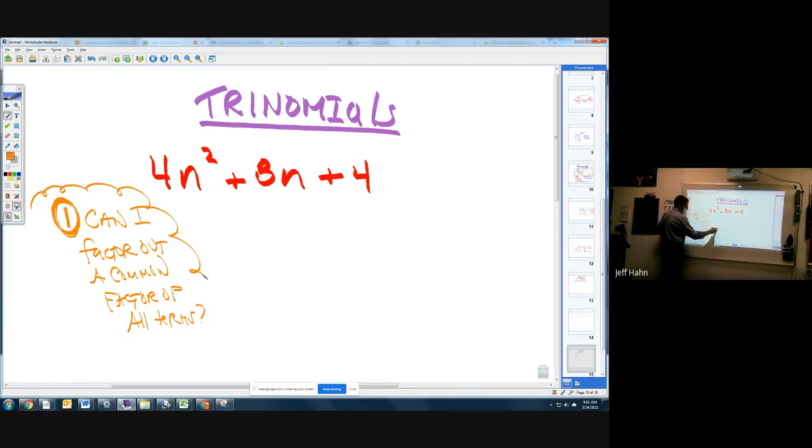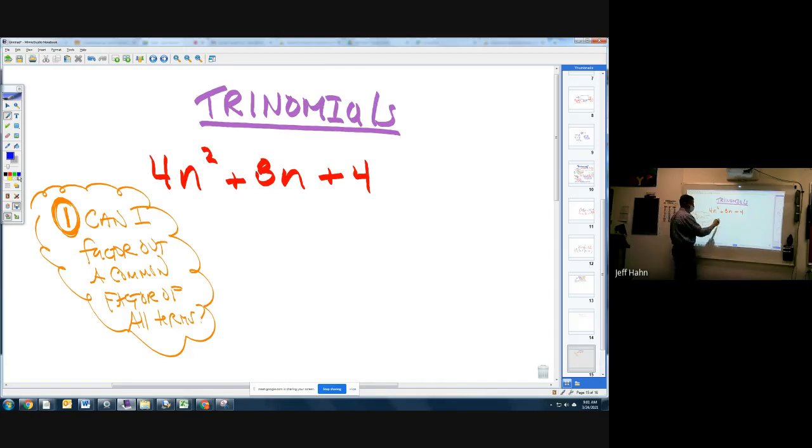Before you do any factoring at all, as a matter of fact, in any type of factoring, you should ask yourself this question. If you look at 4n squared, 8n, and 4, is there some number that you could take out of all three of those terms before you even start? Like reverse distributive property. Yes, I can take a 4 out of all of them.